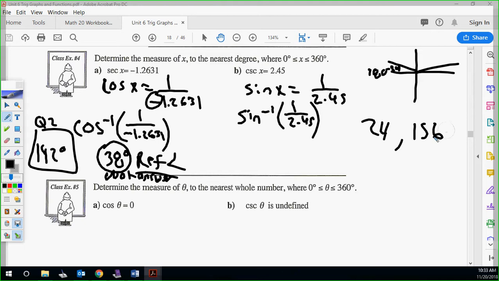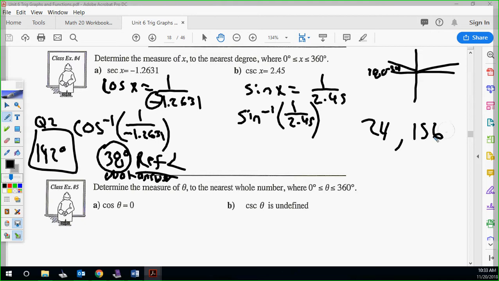All right, so down here at the bottom, they threw a couple different ones at you. Okay, so cosine theta equals 0. So then we're thinking, okay, cosine theta equals 0. So where is, okay, let me back up. Cosine, I said, goes with what variable, x or y? X, good Lord. So it goes with x.